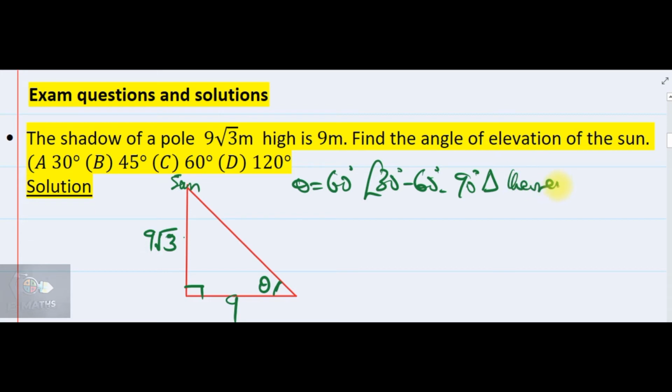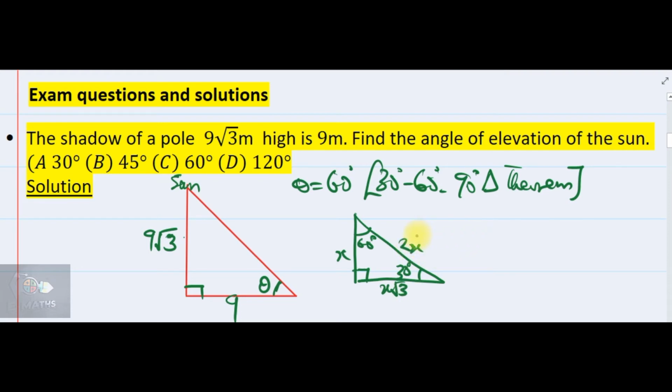The 30-60-90 triangle theory states that if you have any right-angle triangle where the angle here is 30 and the side facing it is x, the side facing 60 will be x root 3, while the hypotenuse is double.